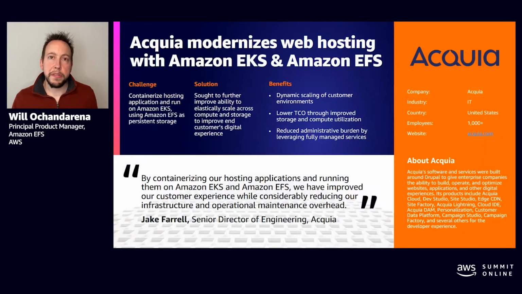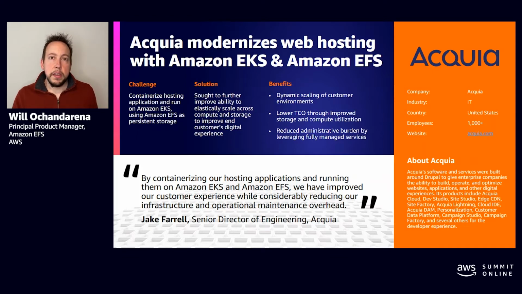I want to share a couple of case studies of customers that have taken existing applications that were running outside of containers and serverless and migrated them in. So one is a company called Acquia. Acquia is a hosting provider for content management systems. So they use open source Drupal and have their own layer of orchestration around it to make it easy for customers to launch websites and other content management systems.